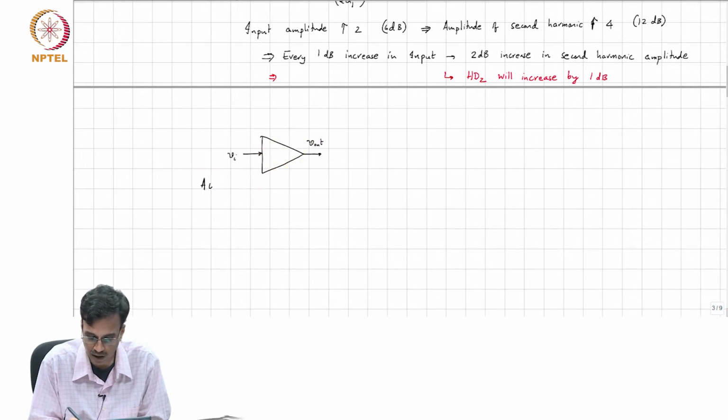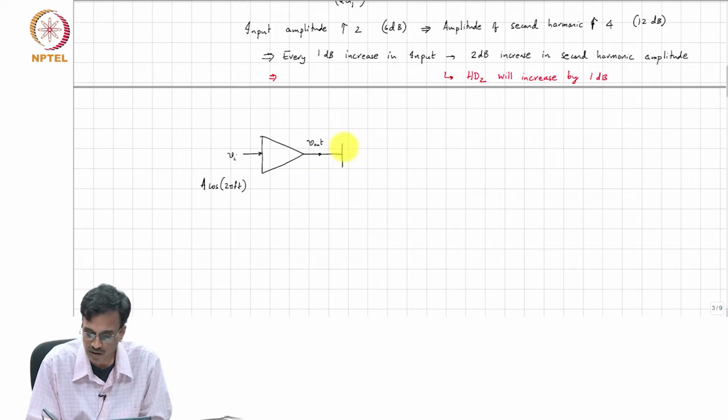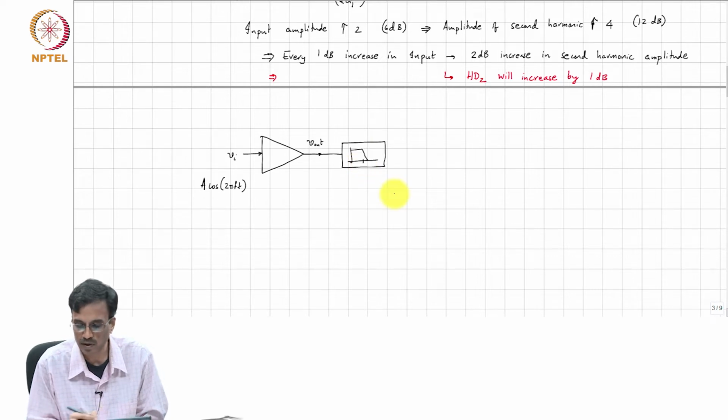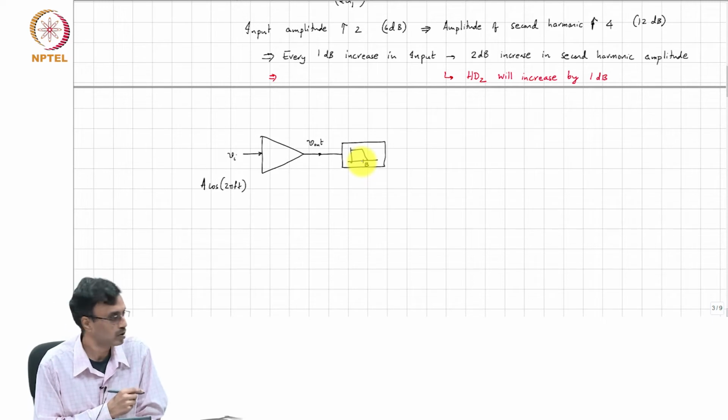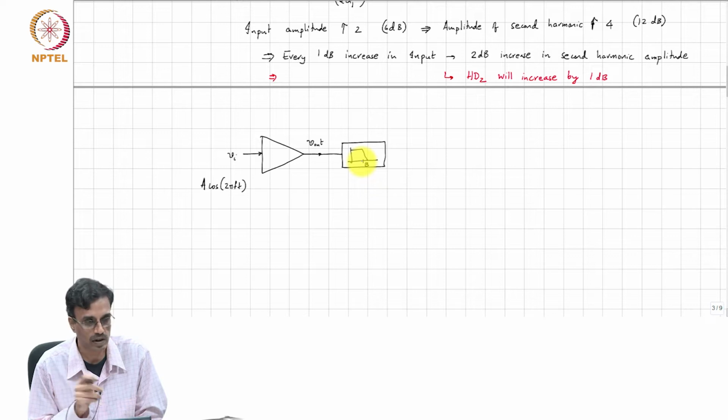Let us say I put in a cos 2 pi f t, and the output obviously contains distortion, second harmonic. So, he says, why do not I put a filter here which will remove the second harmonic. Let us say the signal bandwidth is limited to b, and that is your band of interest.